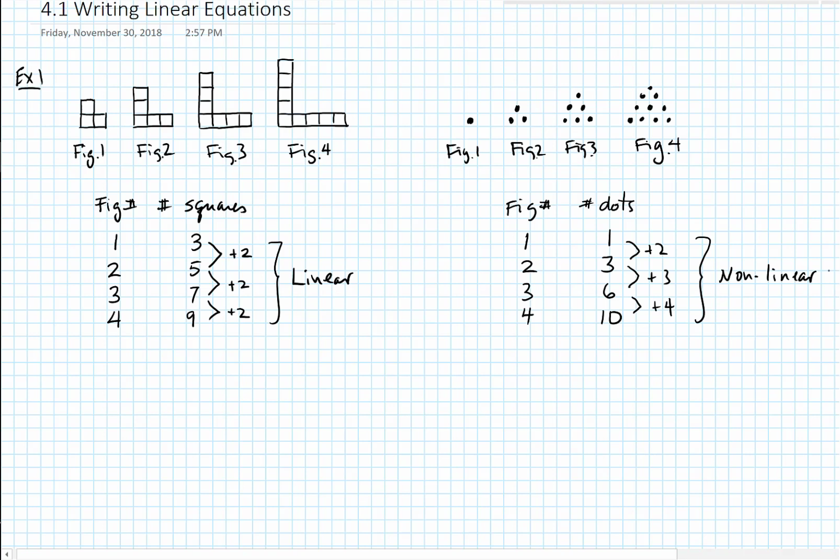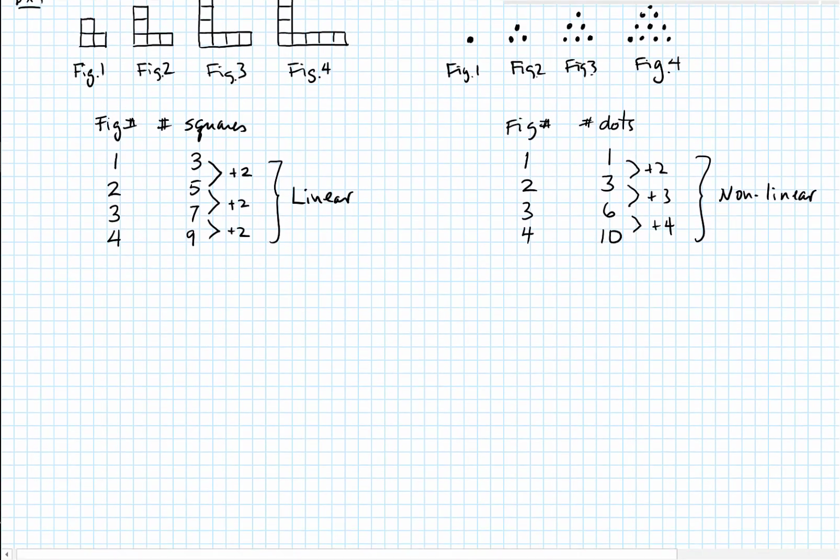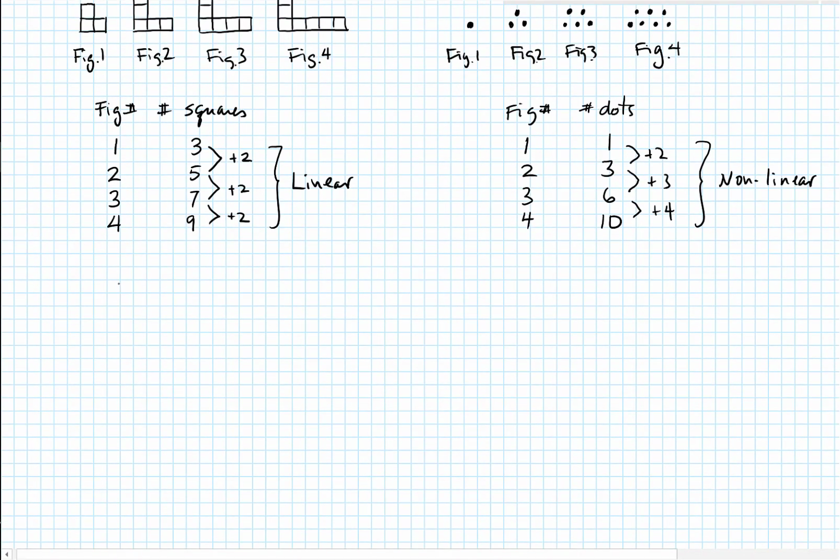So let's take a look at the example on the left with the squares. And the goal really is to write an equation that will help us understand what's going on with the number of squares. So let's take a look at the pattern here. In figure 1, we go from 3 to 5 in figure 2.